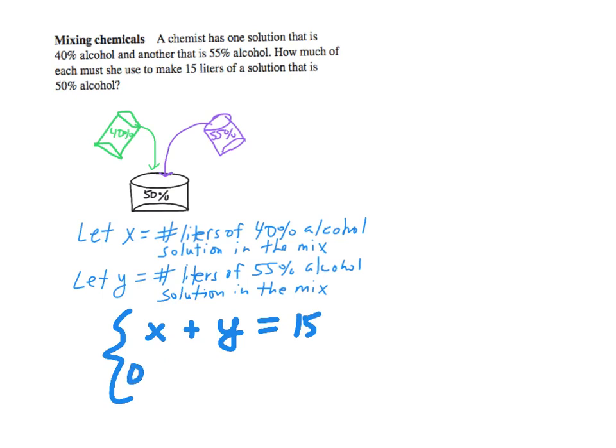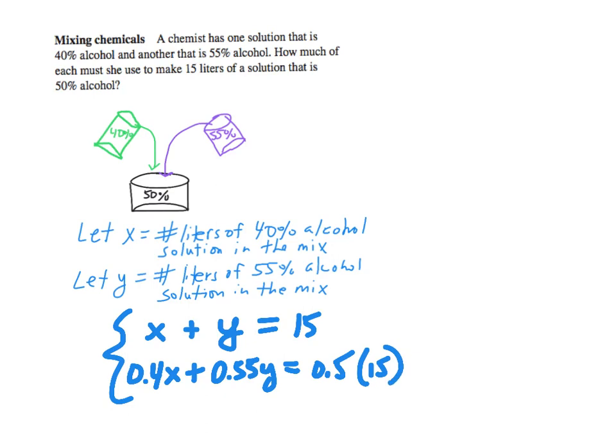I have 40% of the 40% alcohol solution is alcohol, and 55% of the 55% alcohol solution is alcohol in that mixture. And of that, here's the tricky part, I want a result being 0.5 of the 15 liters.